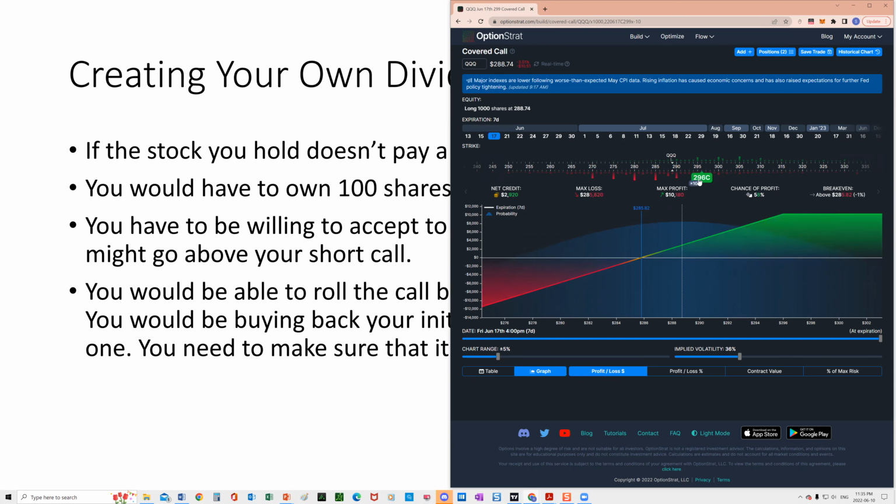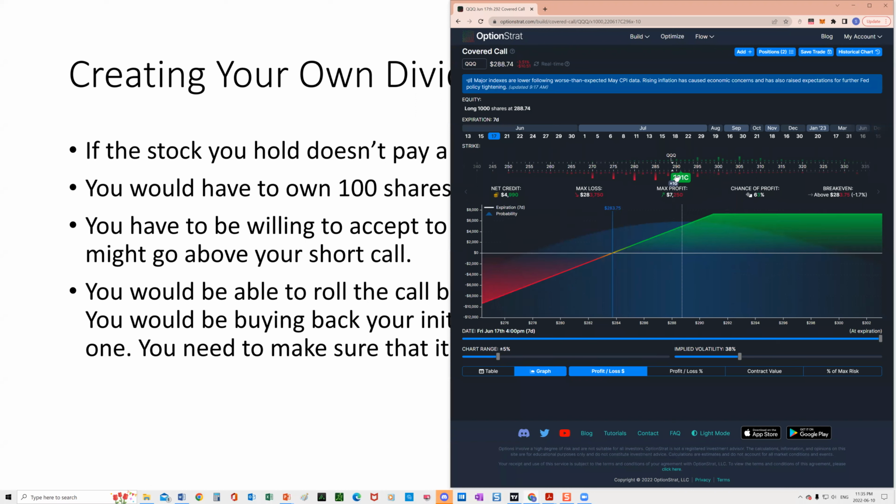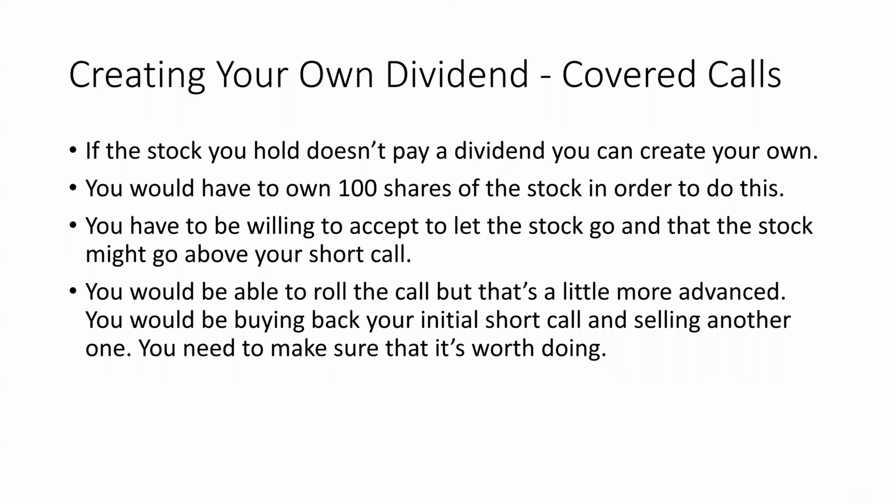So again, the further out you go, the less money you make, the lower probability you have of being exercised. The closer you go, the more money you can make. So just think about that as potential down the road. So you create your own dividend. That's the covered call.